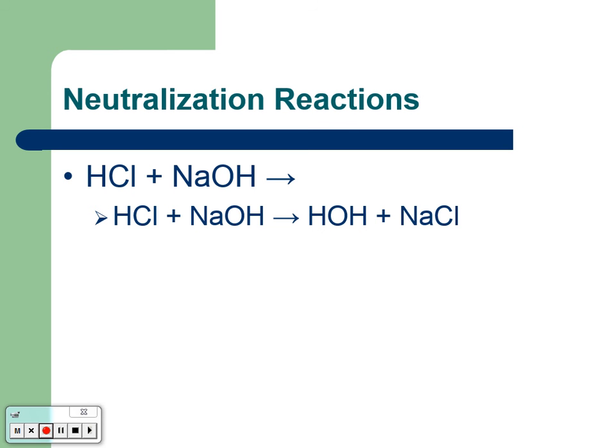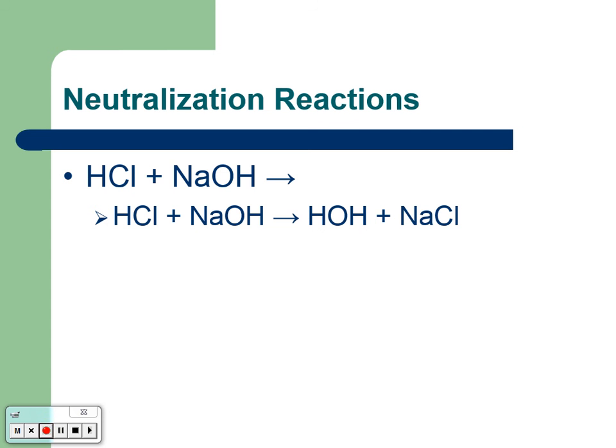Now, one thing you have to keep in mind, and we'll talk about this a little bit more next week. You would end up with salt water as long as you had an even amount of HCl and NaOH, right?